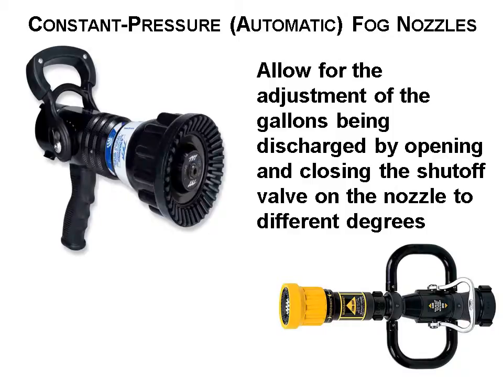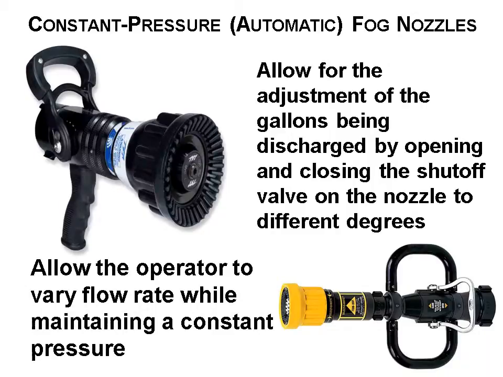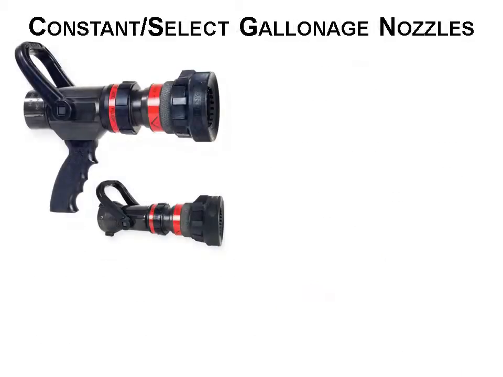Some are fixed, or like it says, if you move the bail forward or back, it depends on the gallons per minute you'll get out of this nozzle. They allow the operator to vary flow rate while maintaining a constant pressure. Handline automatic nozzles can reach from 10 gallons per minute to 350 gallons per minute.